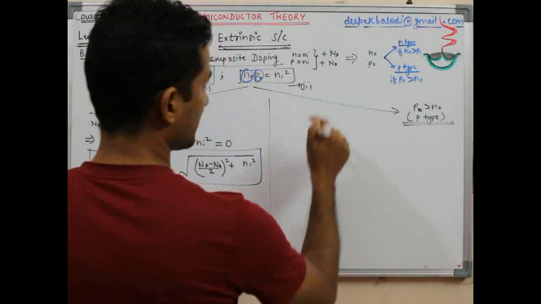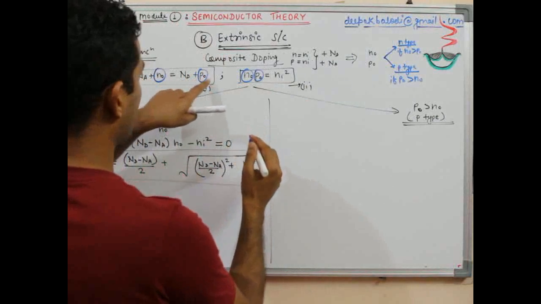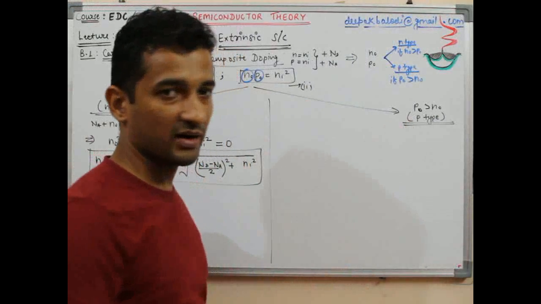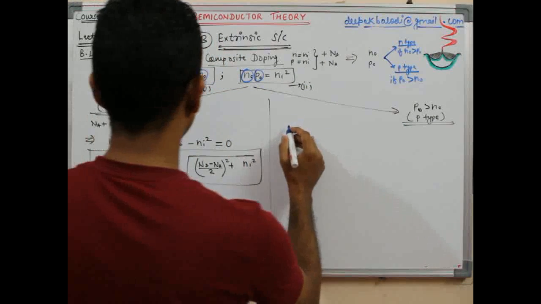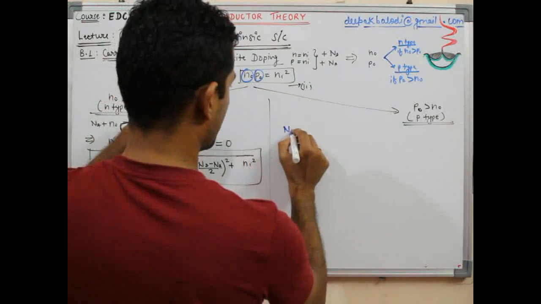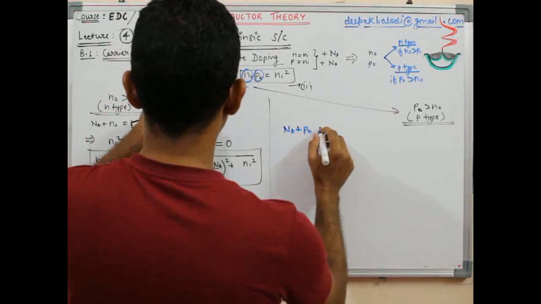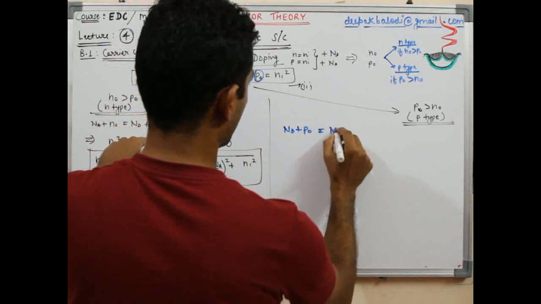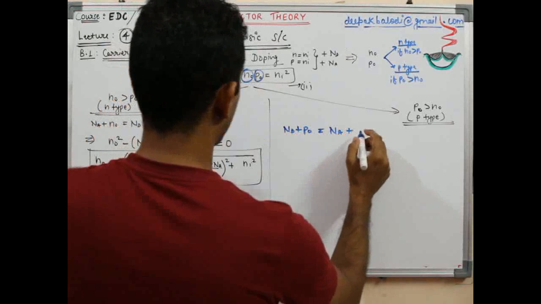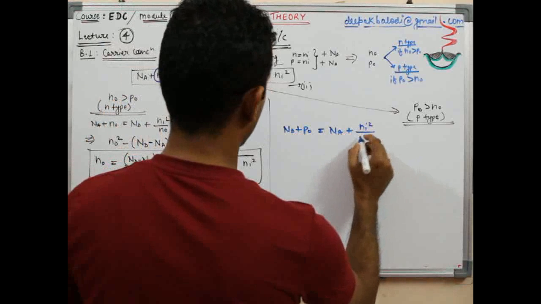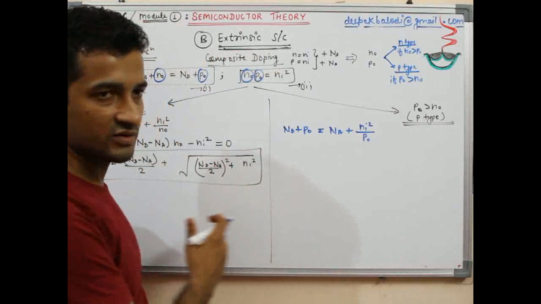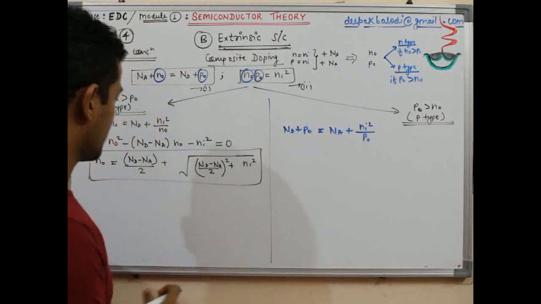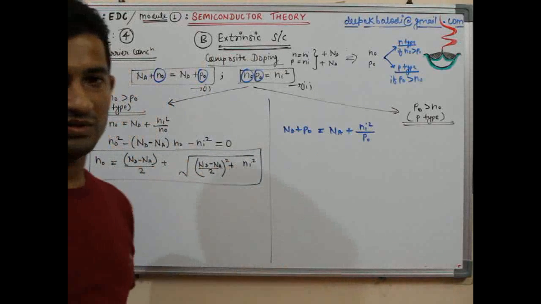If we proceed in the same way, we are trying to find P naught here. If we are expecting that the final semiconductor would be of P type, then we are expecting P naught to be there, so Nd plus P naught is equal to Na plus N naught, where N naught is Ni square by P naught. In the same fashion we can find the solution for P naught, because the equations in N naught and P naught are quadratic.